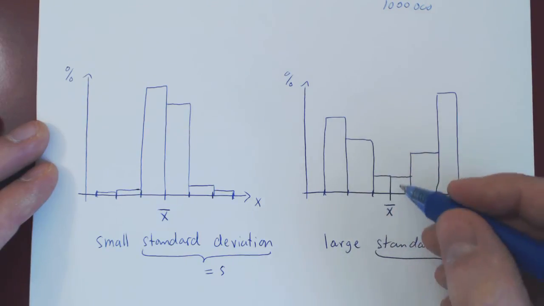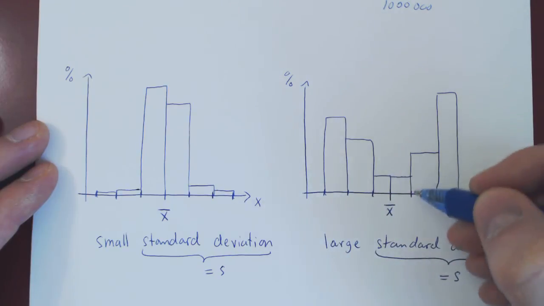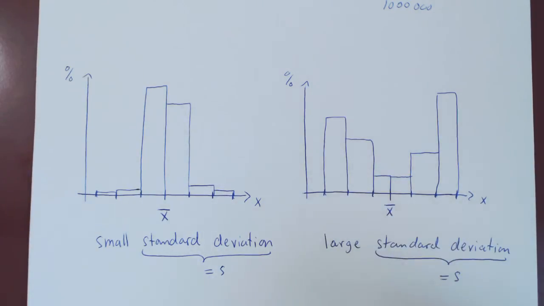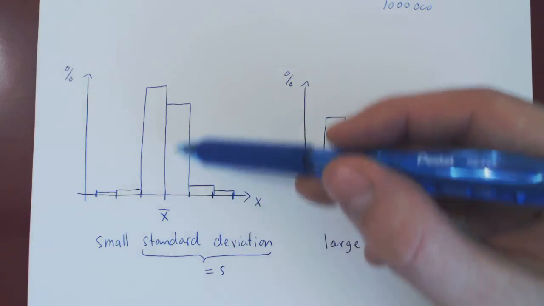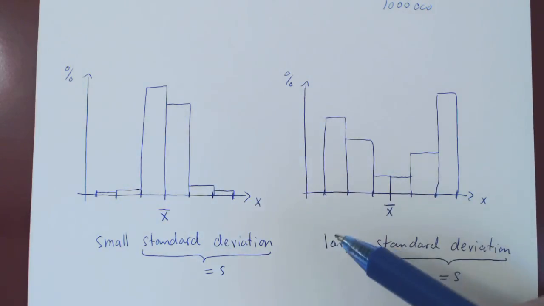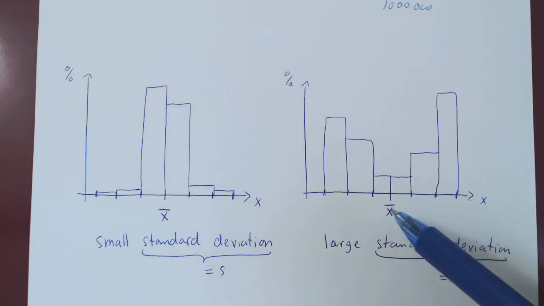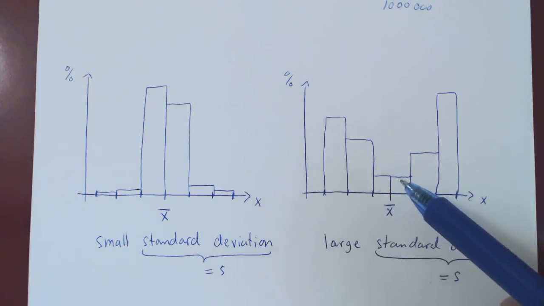So low frequencies near the average value, high frequencies away from the average value. And that is how you should think of it. If you have a small standard deviation, on average, most values are near the average value, and so you have high frequency bars near the sample mean. If you have a large standard deviation, you have a lot of values away from the sample mean, so you will have bars with high frequencies away from the sample mean, and close to your sample mean, you'll have bars with low frequencies.